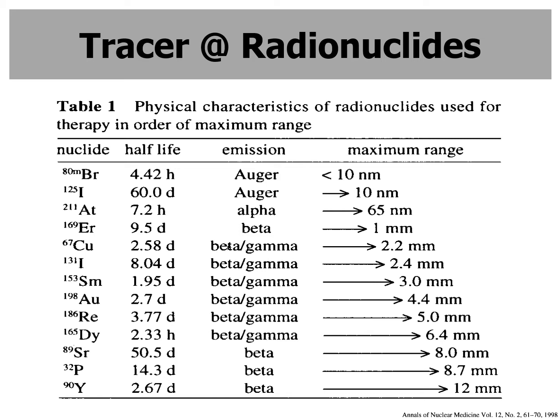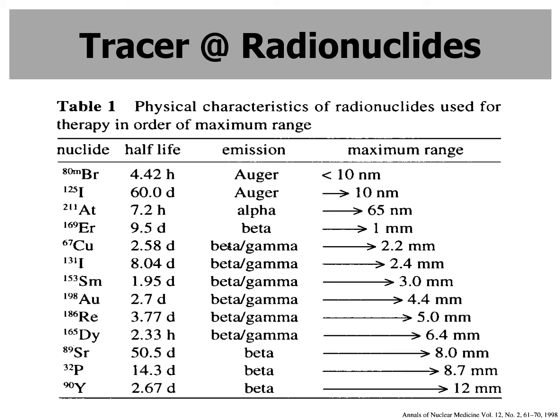Okay. If we look at this table, it has been categorized based on the maximum range that they can travel. You can see bromine-80m, iodine-125, astatine-211, erbium-169, copper-67, iodine-131, which are very commonly used in our nuclear medicine department, and you can see that these have the properties of both beta as well as gamma.